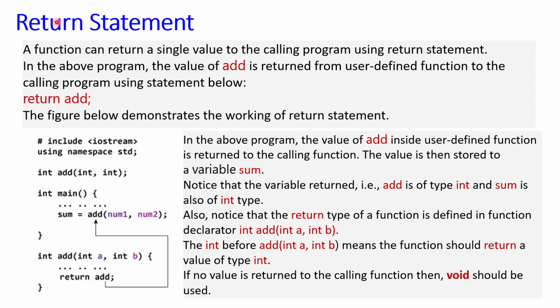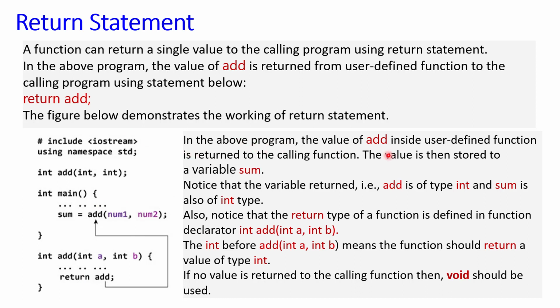So a function can return a single value to the calling program, which is the main function, using the return statement. In the above program, the value of add is returned from the user-defined function to the calling program using the statement return add. So this statement is for returning the value to the main function.